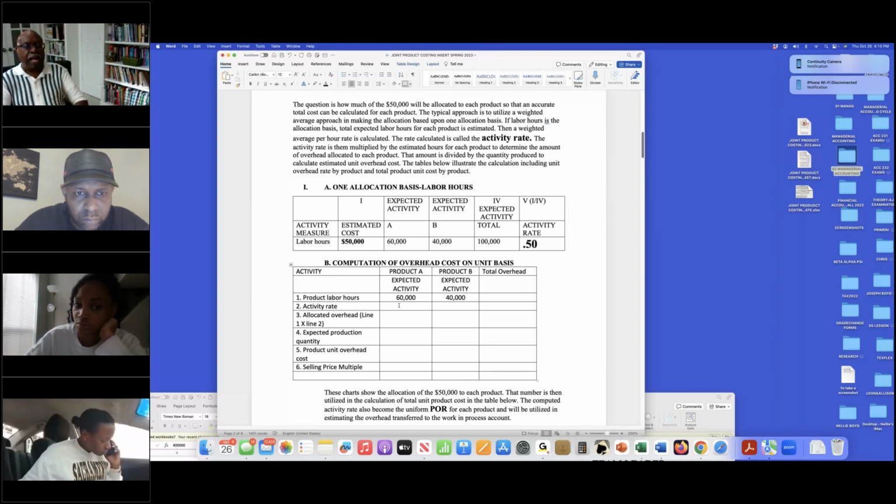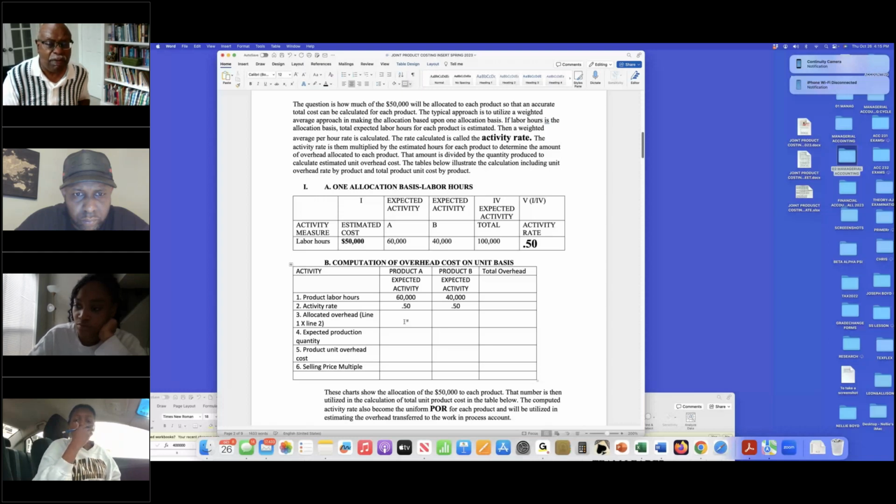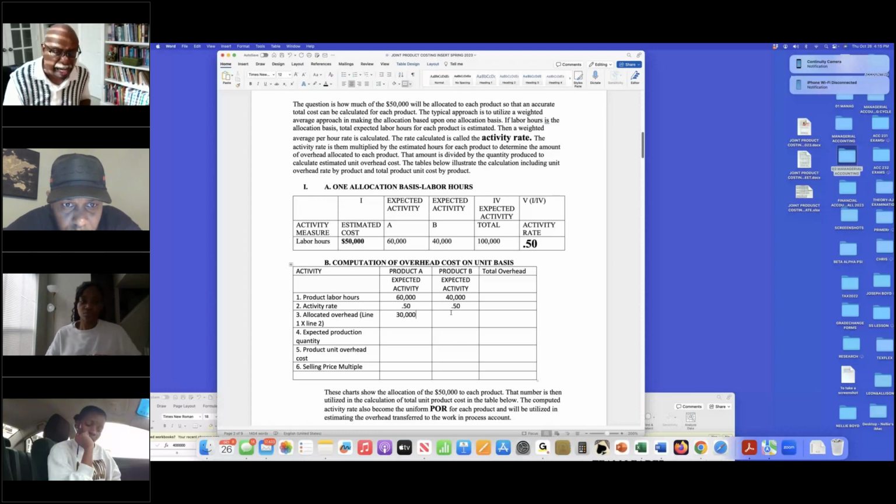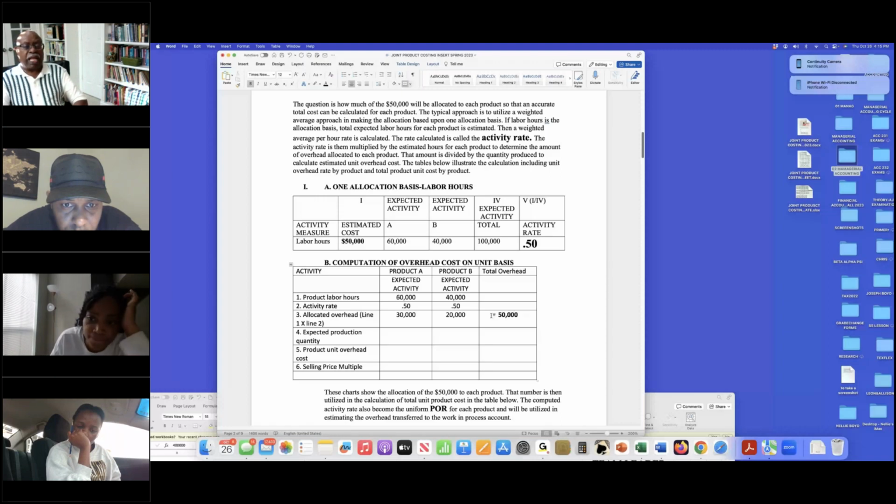Then we're going to multiply the activity 60 by the 0.5 to get 30,000 of that overhead going to product A. And then 0.5 times 40 is 20,000 going to product B. We add them together and see. So we've now allocated the overhead. What we had to do was get that 50,000, some allocated to A, some allocated to B.